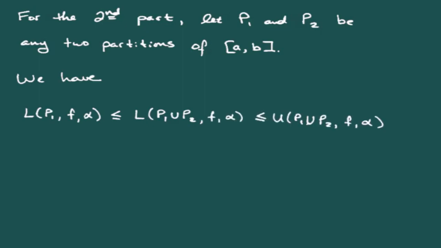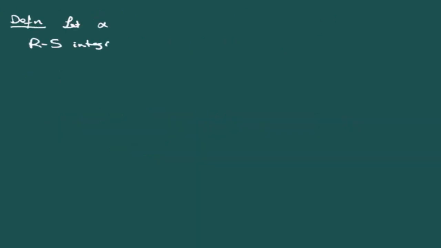Then that's going to be less than or equal to the upper Stieltjes sum for the refinement, and that's going to be less than or equal to the upper Stieltjes sum for our partition P sub 2. So that one is pretty much just a corollary, or an application, of part 1 that we just did.